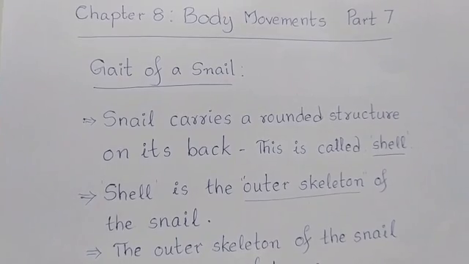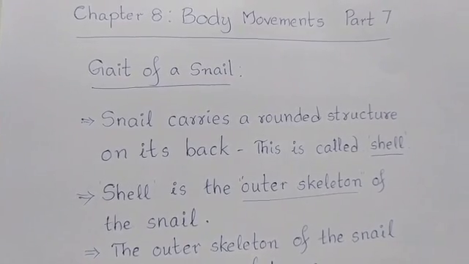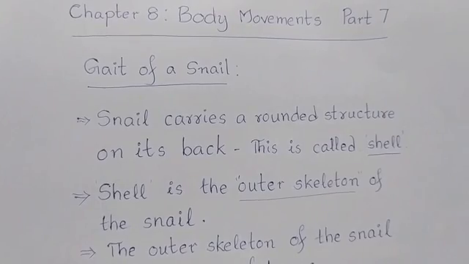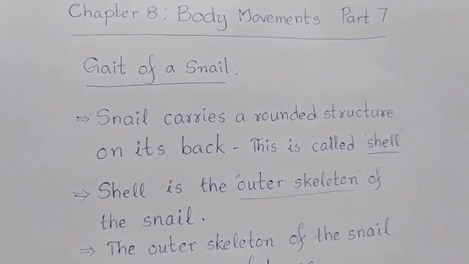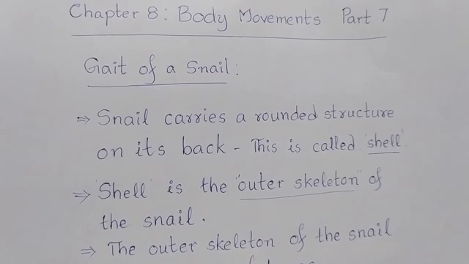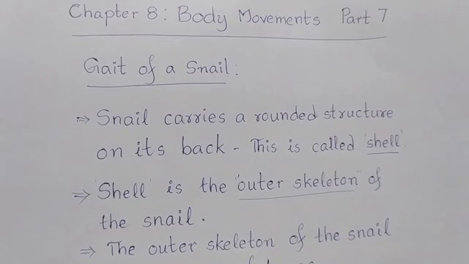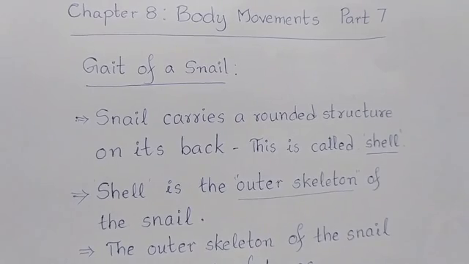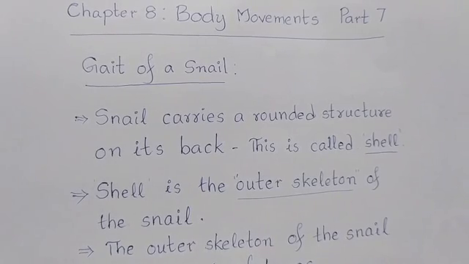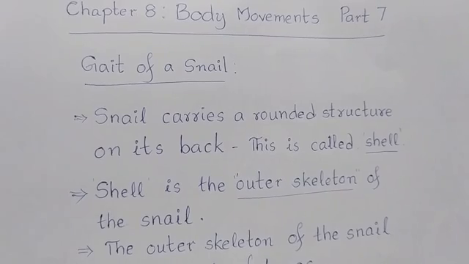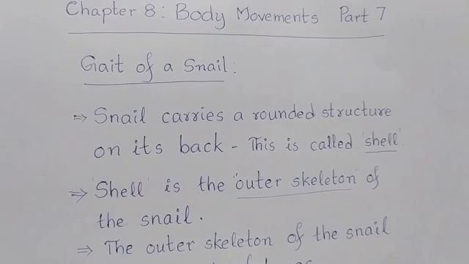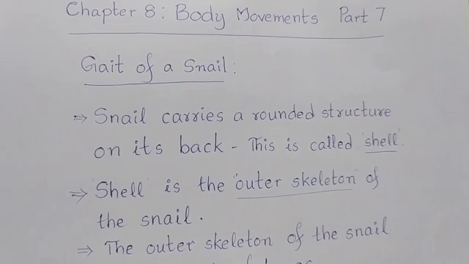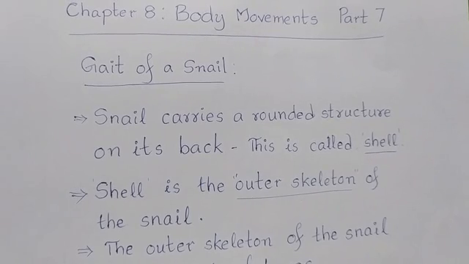Before learning how the snail moves, let us try to understand some of the structural features of the snail. If you have seen a snail, you can see a rounded structure carried on the back of the snail.